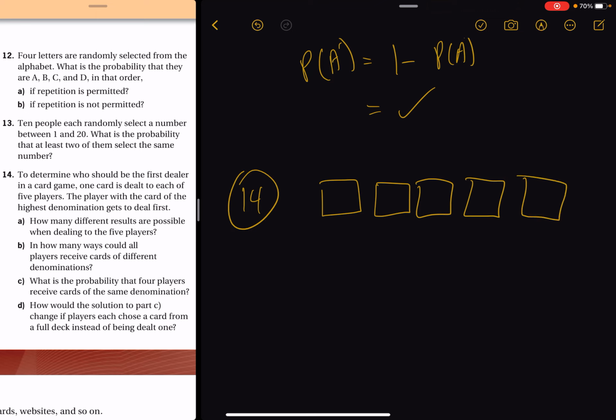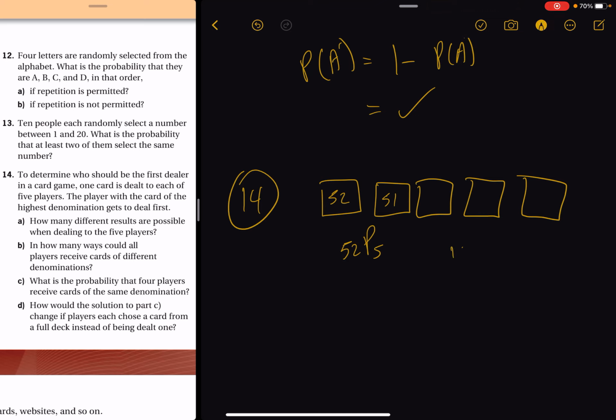How many different results are possible when dealing to 5 players? Well, 52, 51. Basically, it's 52 choose 5. In how many ways could all the players receive cards of different denominations? What does that mean? Aren't they all different? Oh, denominations.